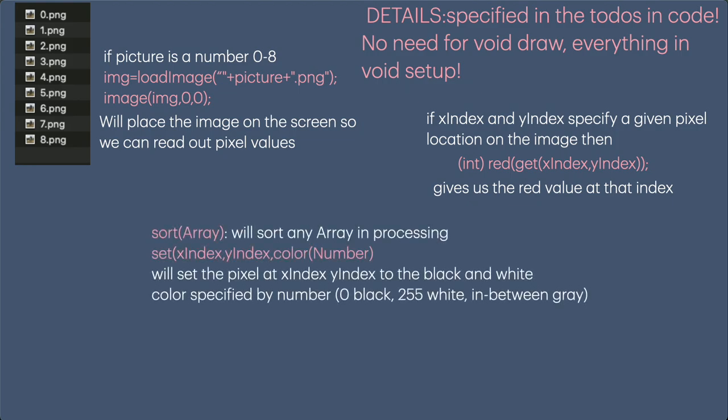And finally, you can sort the array by just saying sort array, whatever your array name is. At that point, your array will actually be sorted. It does what we call sorting it in place. What that means is it changes the actual array by moving its values around inside the array, and the array is now sorted at that point.